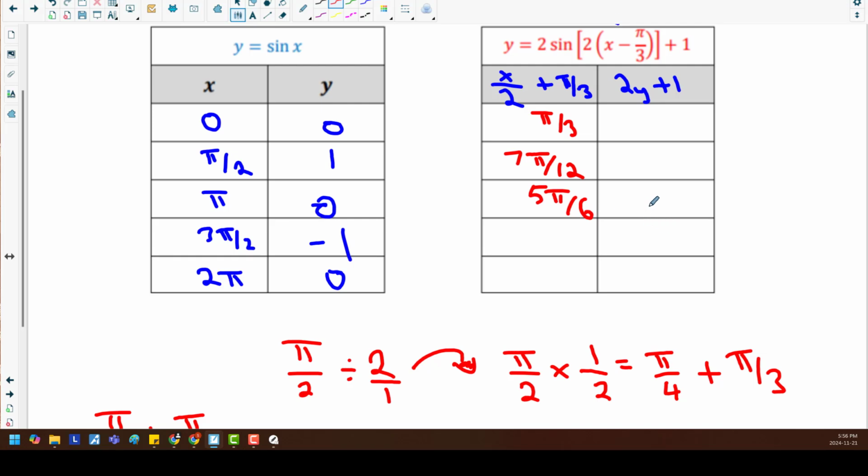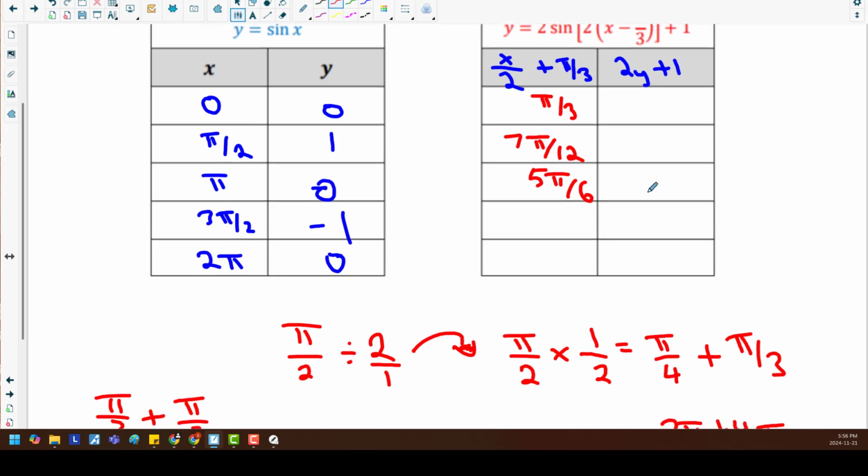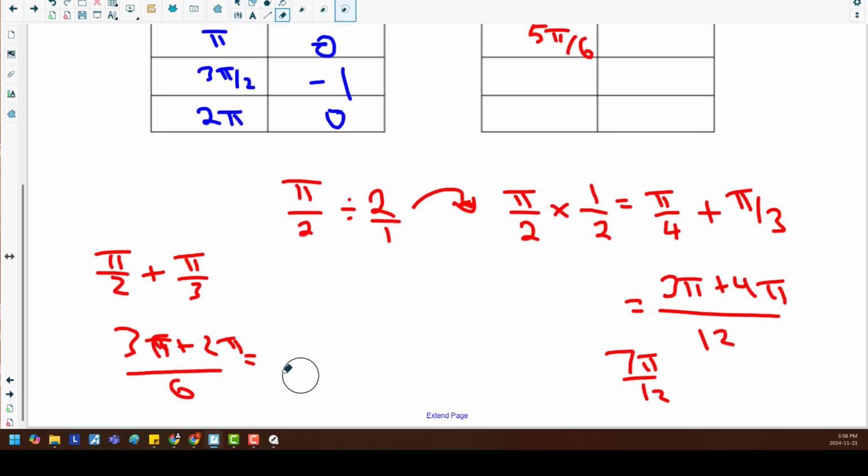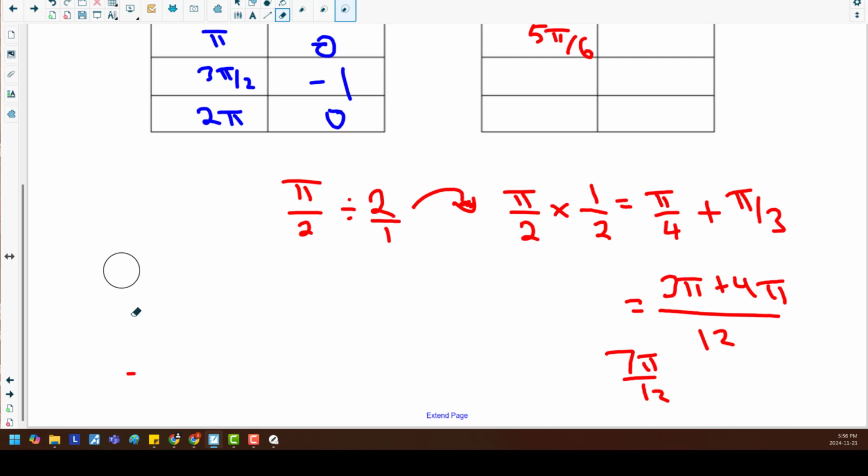What else do we have here? 3 pi over 2. So 3 pi over 2 divided by 2. Remember, when you're dividing by 2, just think of it as multiplication of 1 over 2. So 3 pi over 2 times a half, it's 3 pi over 4. So 3 pi over 4 plus pi over 3.